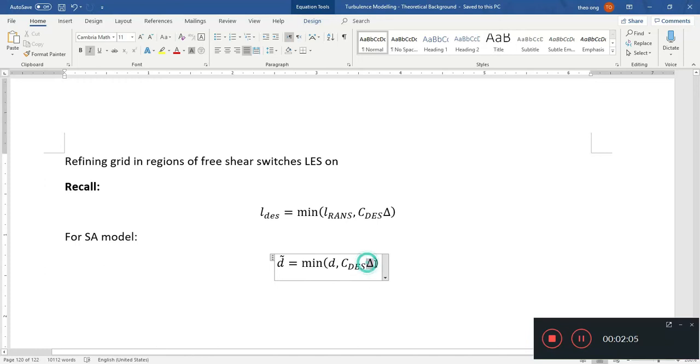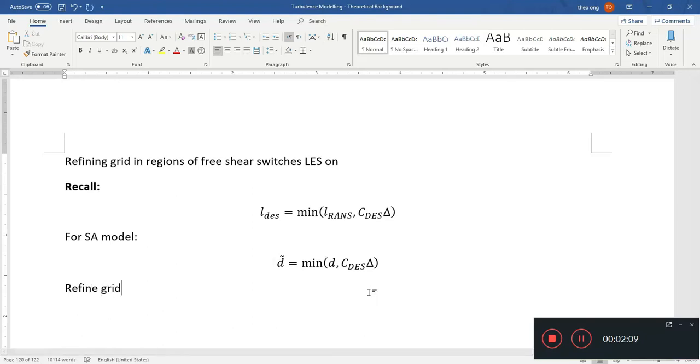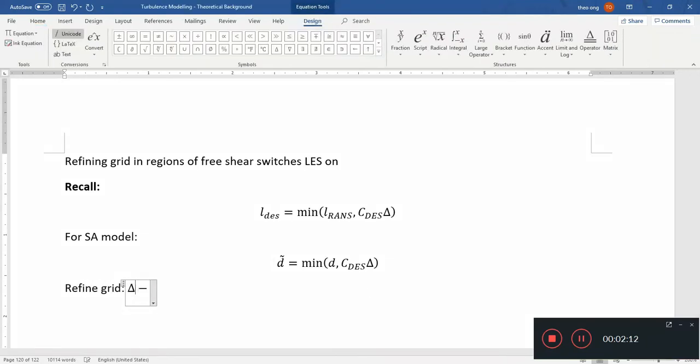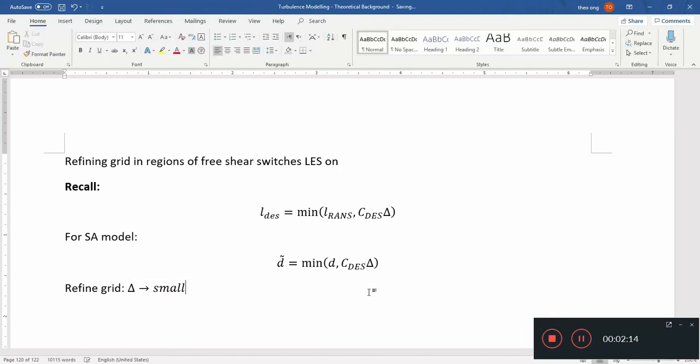So if you refine your grid, your delta becomes really small, and the destruction term becomes big. This is the eddy viscosity destruction term, or the SA variable, to be more exact, the Spalart Allmaras variable nu tilde.